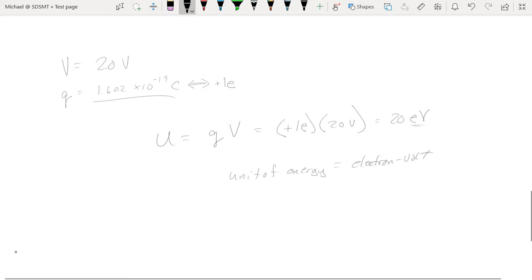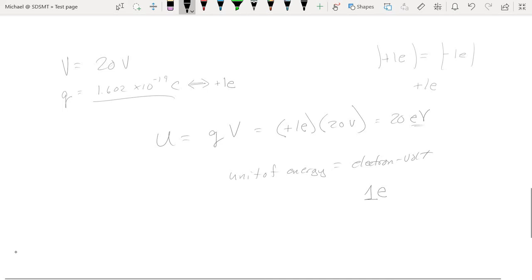The electron volt is what you would get if you took the magnitude of the charge of one electron. Well, why are we using an electron? We said it was a proton. Well, what's the magnitude of charge for a proton versus the magnitude of charge for an electron? They're both 1e.